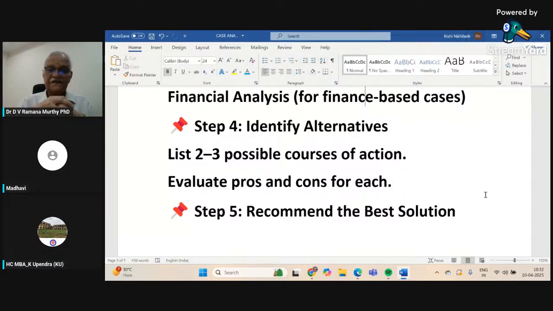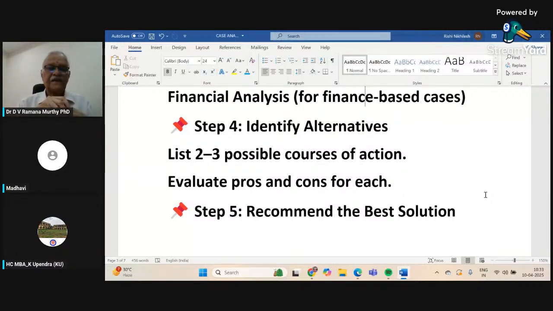The problem is your solution may not suit the existing environmental constraints of the organization whose case you're studying. So, possible courses of action, at least two, three, according to the homework done by you on studying all the facts of the case.